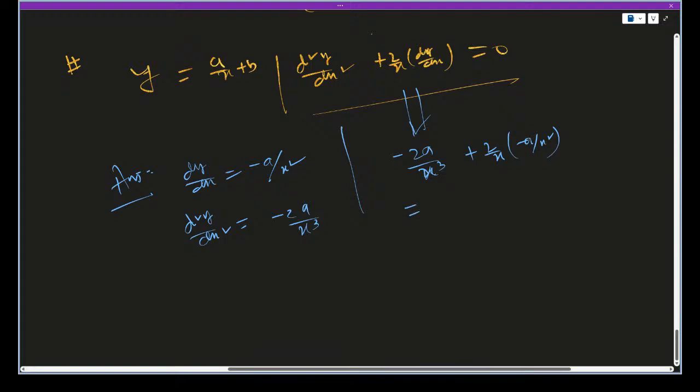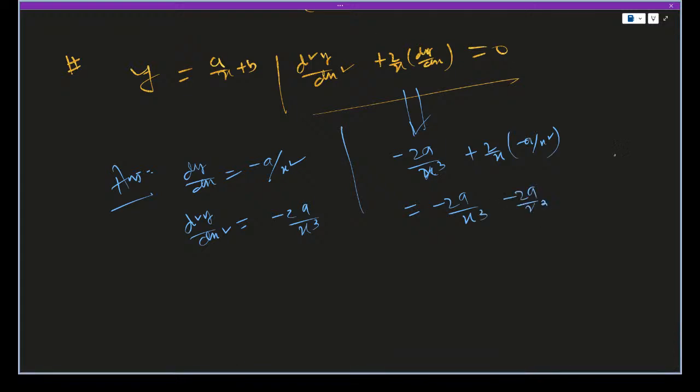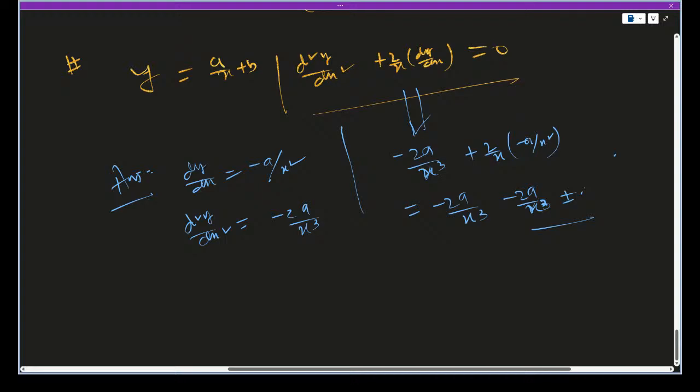So their sum cannot be 0. Okay, so this is not a solution to the differential equation.